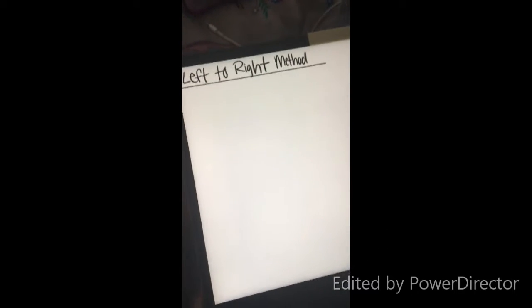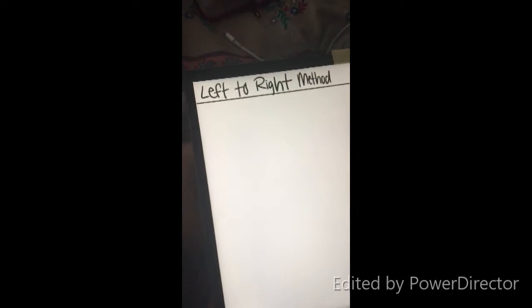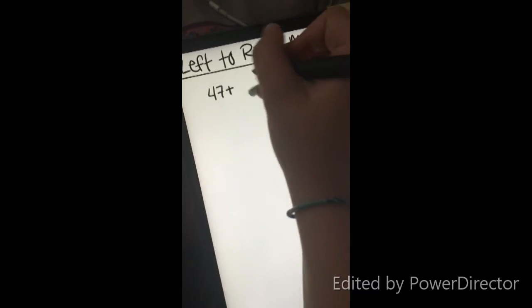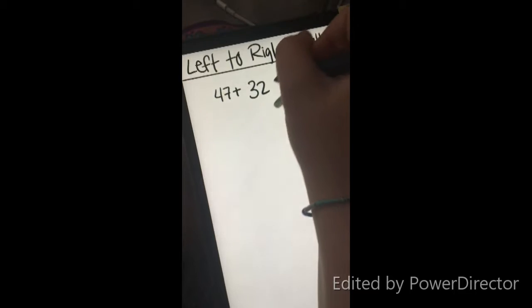The left to right method is a method of addition that helps us break down bigger numbers to make it easier to add them together. So we're going to start with a semi-simple problem. We're going to do 47 plus 32.